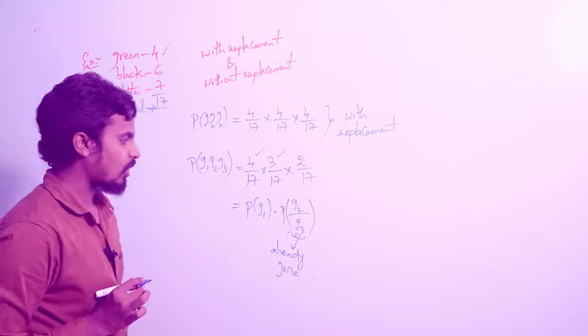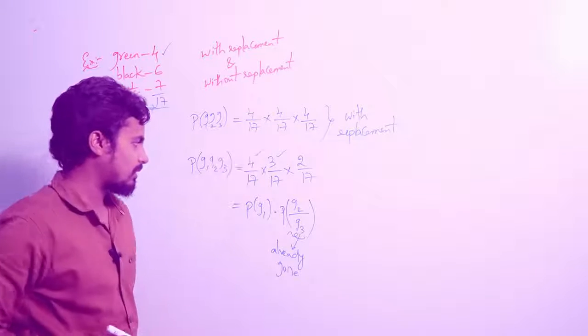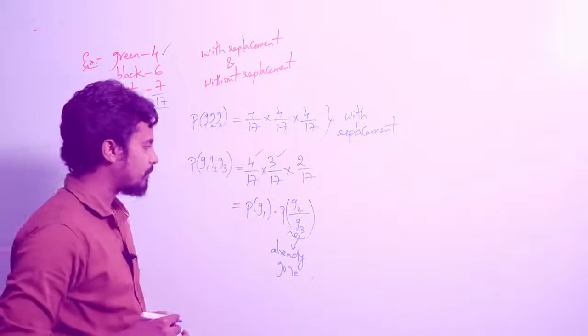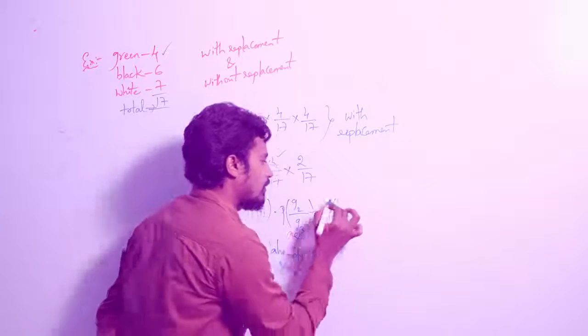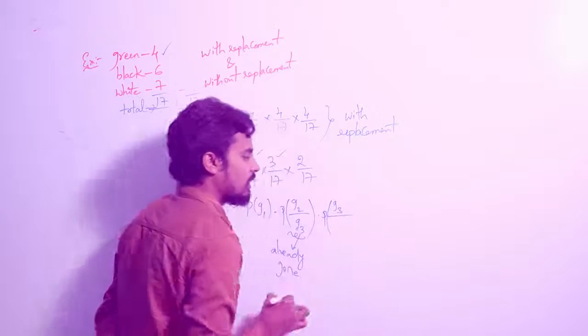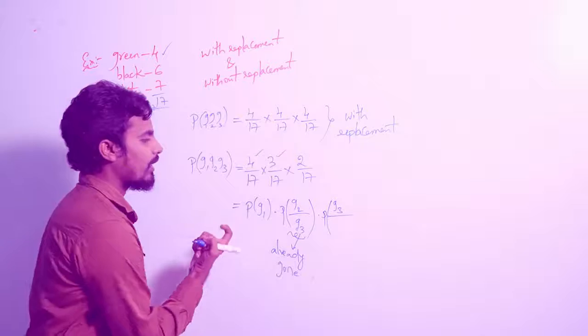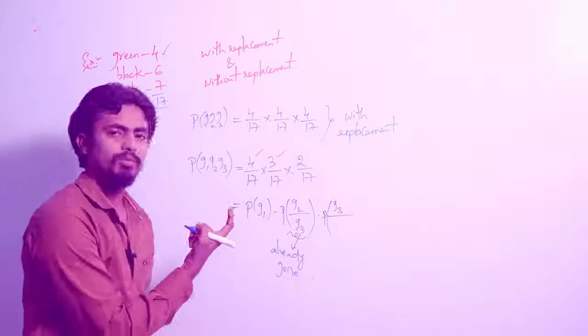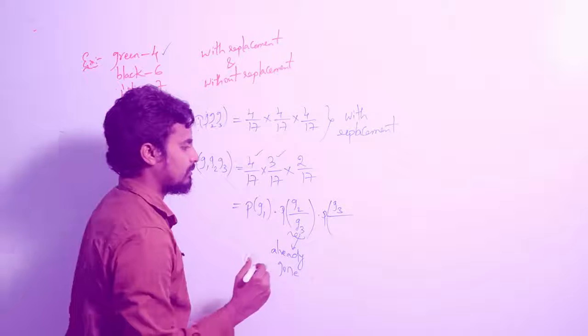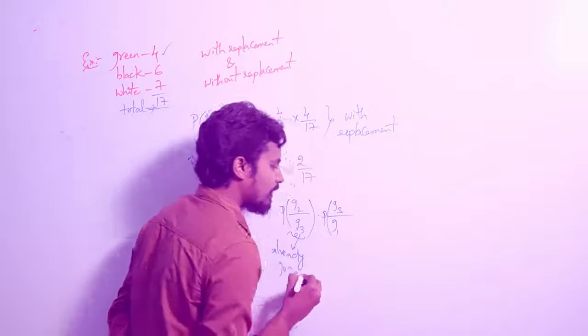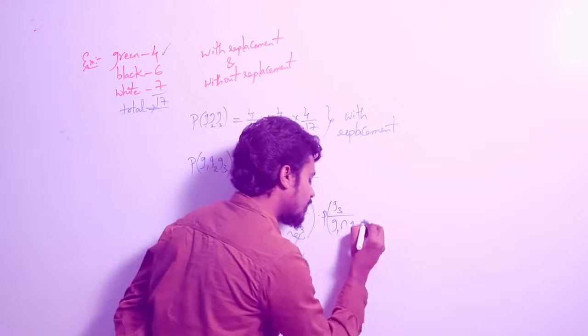And next, what will happen to the last event? That will be G3. This will become the probability of G3 given the intersection of G1 and G2, so you will get G3 given G1 intersection G2.